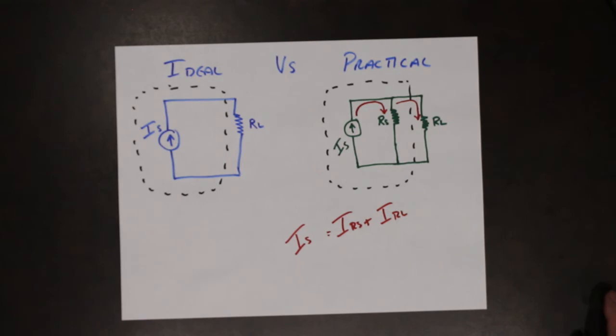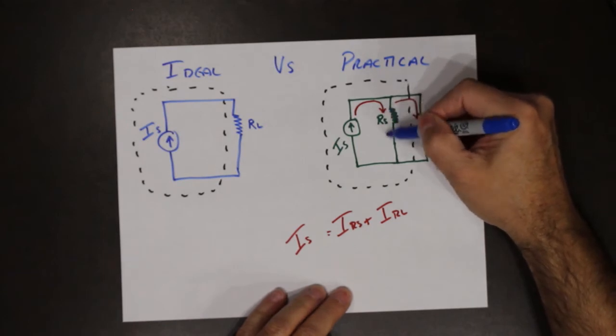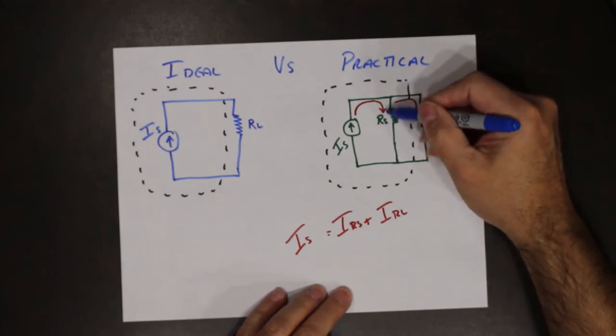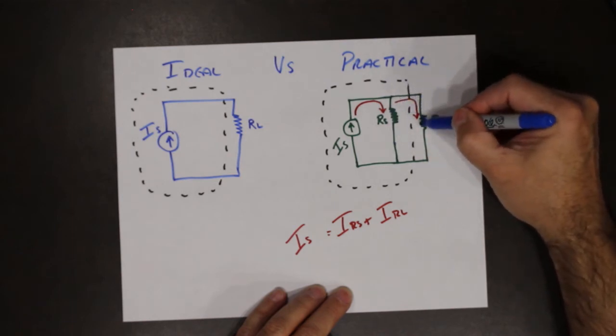So what we want to do is stop as much of the current from going this way and have more of it going this way.